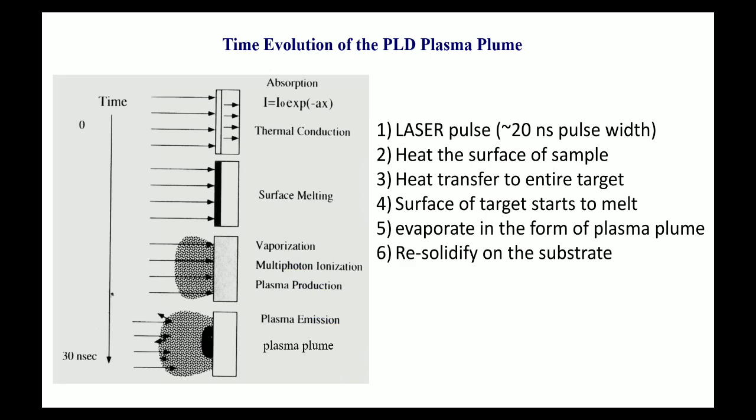As point 1, you can see the laser pulse with 20 nanosecond pulse width. After each 20 nanoseconds there is a laser pulse which is incident on the surface of the target.